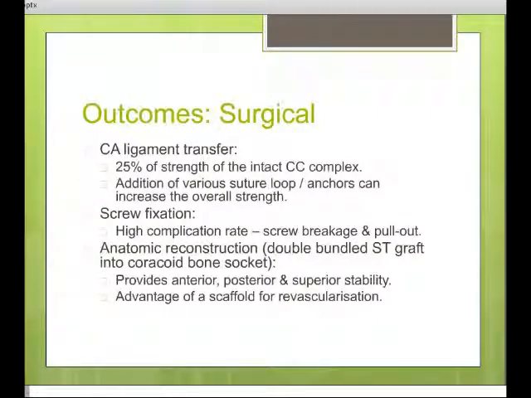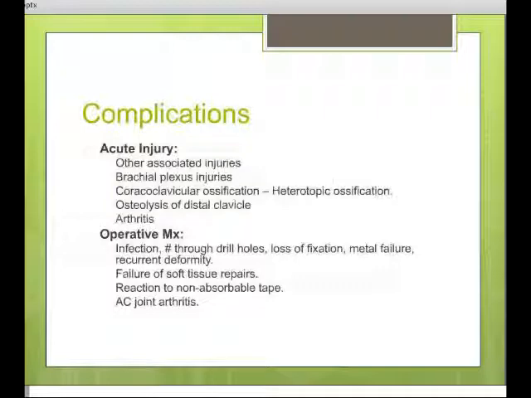Complications of AC joint dislocation, so from an acute injury, other associated injuries depending on the mechanism and how much trauma there was, brachial plexus injuries, coracoclavicular ossification, so heterotopic ossification where the CC ligament is, or osteolysis of the distal clavicle, and arthritis.